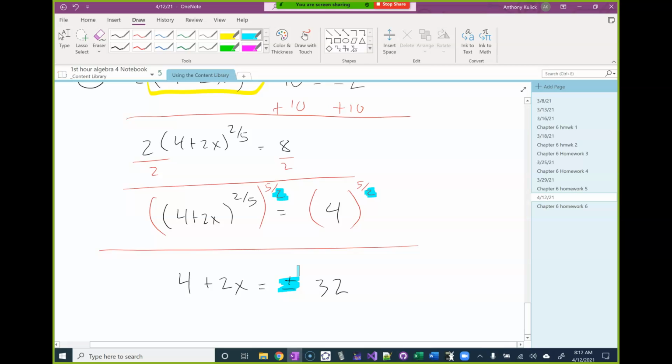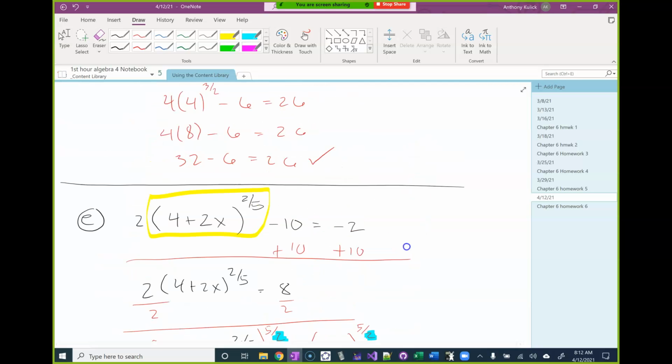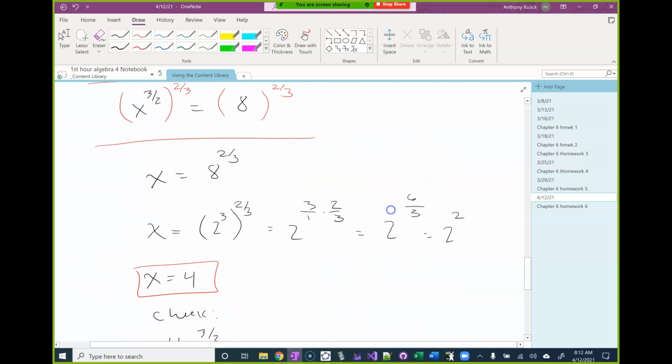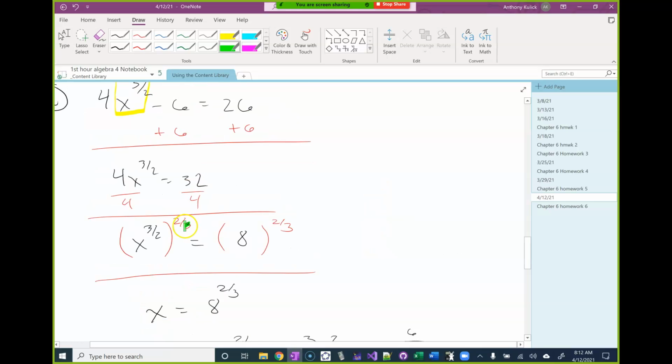Same thing's happening here, and you might say, hold the phone, Mr. Kulik, we did basically that same thing a minute ago, but you didn't worry about it there. Notice on that one, though, the denominator of the exponent that we did to both sides was odd. So there is no plus or minus, because I don't get to generate a plus or minus when I cube root both sides of an equation, only if the root is even.